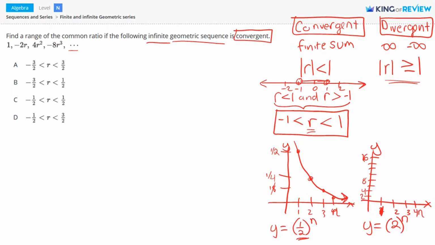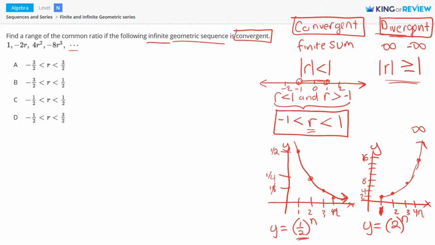If n is 1, then y is 2. If n is 2, then y is 4. If n is 3, then y is 8. And if n is 4, y is 16. And when you connect these points, you can see that this is approaching infinity. So if a series diverges, then the sum goes to infinity or negative infinity. So there's not a sum for a divergent series.